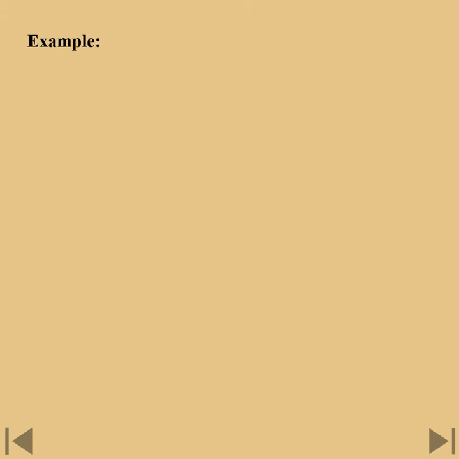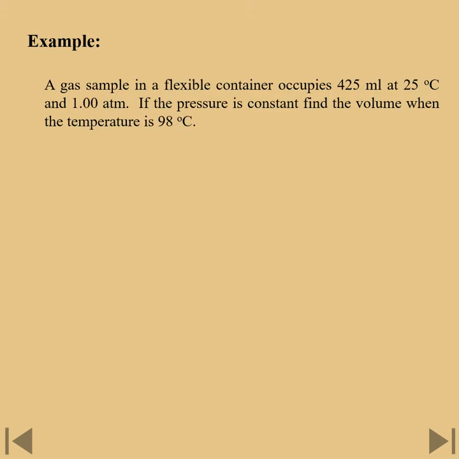The last one, let's do an example, and then we'll go over the last law, Gay-Lussac's law. In this example, we have a sample in a flexible container with 425 milliliters of volume at 25 degrees C and 1 atmosphere. If the pressure is constant, now do note, to have Charles' law be applicable, the pressure has to be constant. Find the volume when the temperature is 98 degrees C. Well, we're looking at two different volumes, two different temperatures.